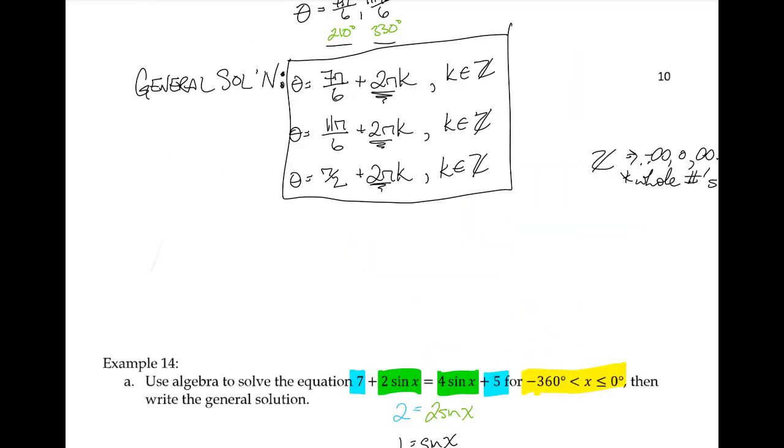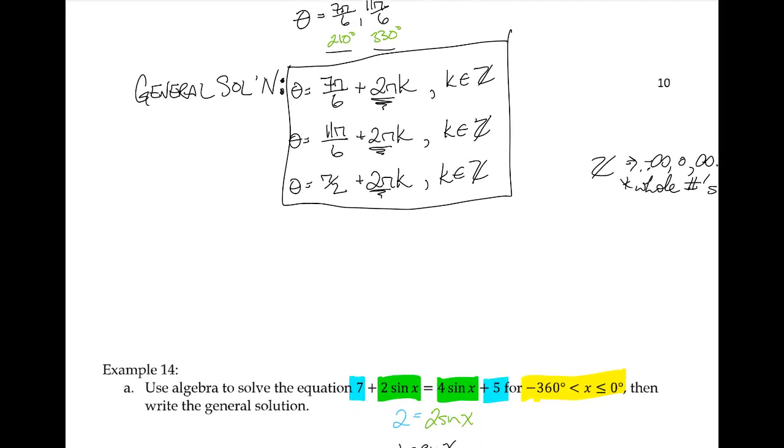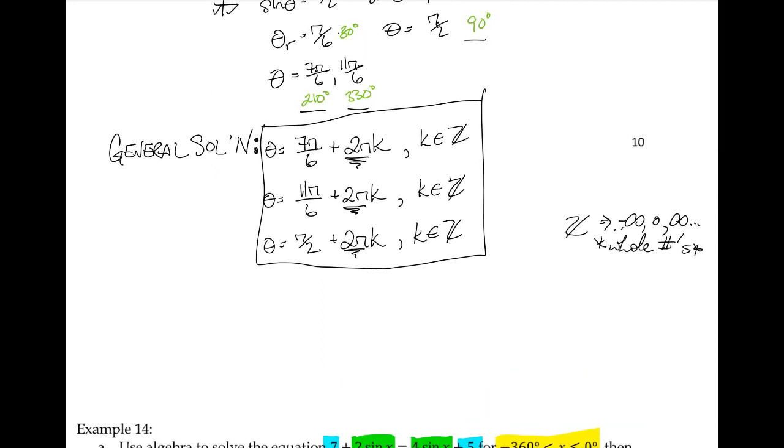Oh, shoot, before I continue. I could have written these general solutions as degrees as well, especially with what I'm given in terms of my interval.